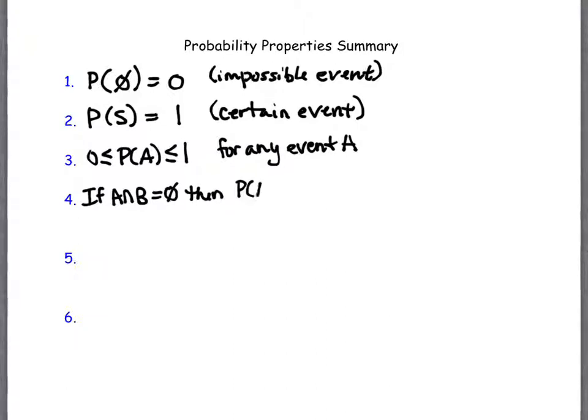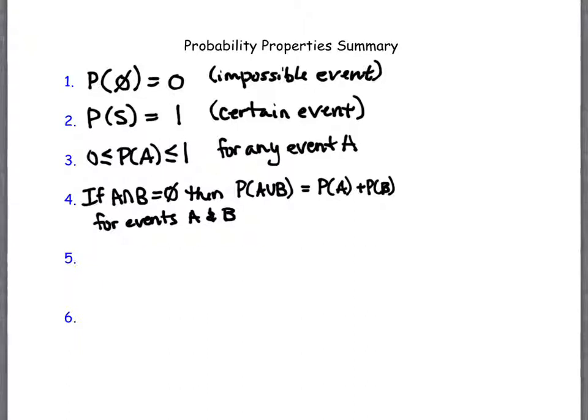Then the probability of A union B, that means the probability that either one of those happens, is the probability of A plus the probability of B. We already saw that one written down. And this, of course, is for events A and B that are mutually exclusive.